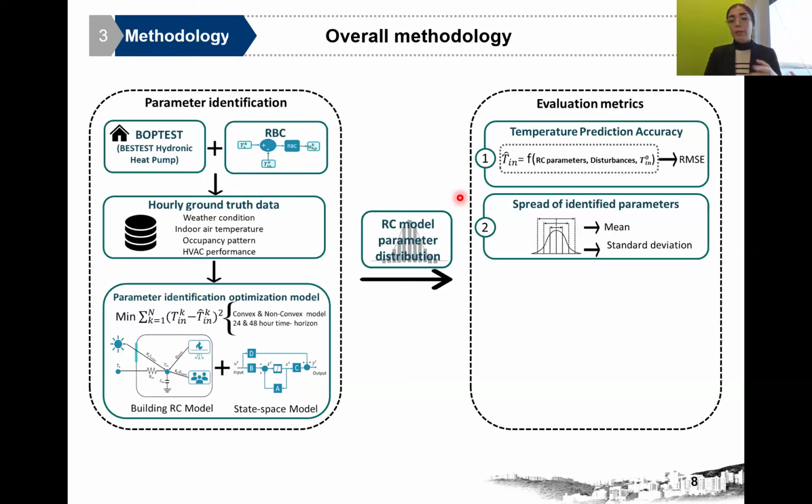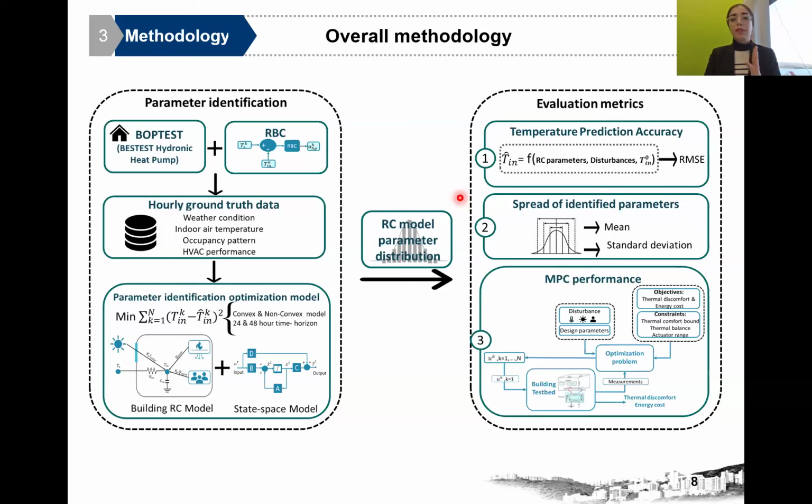But the final metric, which is the focus of this research, is the effect of RC parameters on the MPC performance, including energy cost and also thermal comfort.